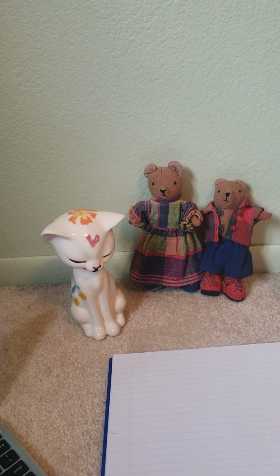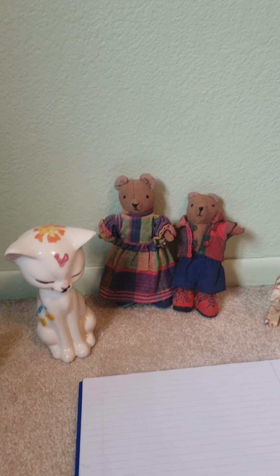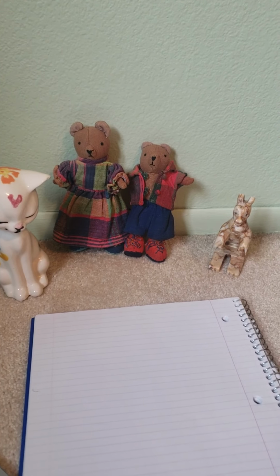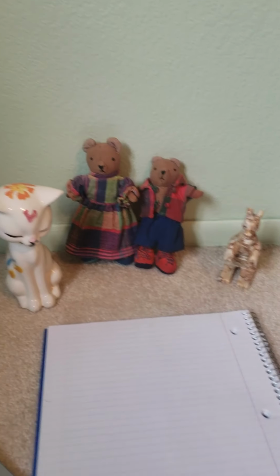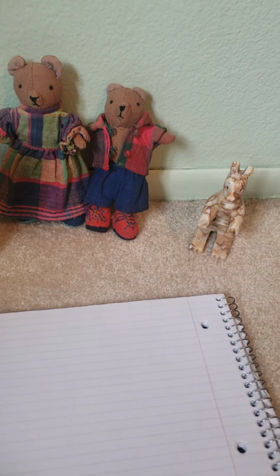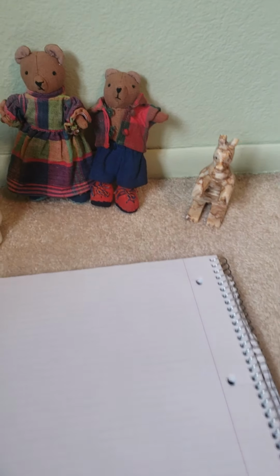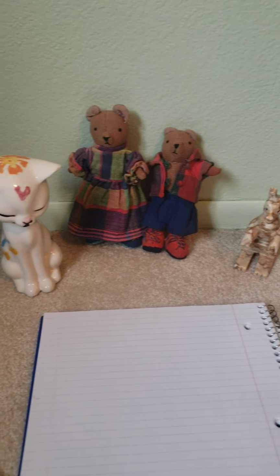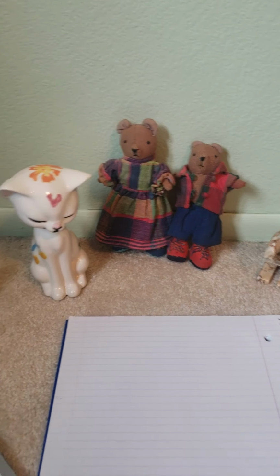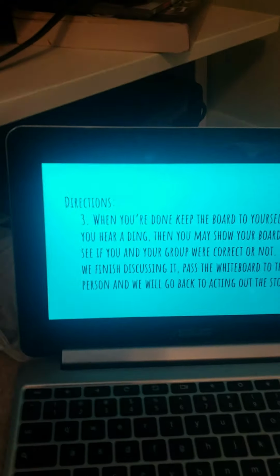Then you're going to discuss it with your table group, which is groups of four. Once you all agree on an idea, you're going to write it on your whiteboard, and then wait until you hear a ding. Once you hear that ding, you can show me the board and see whether you're correct or not. That's the third direction.